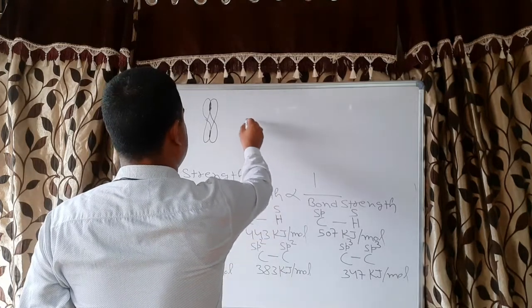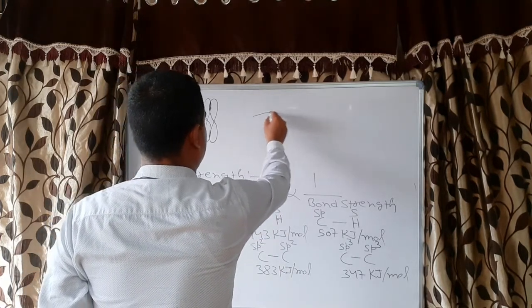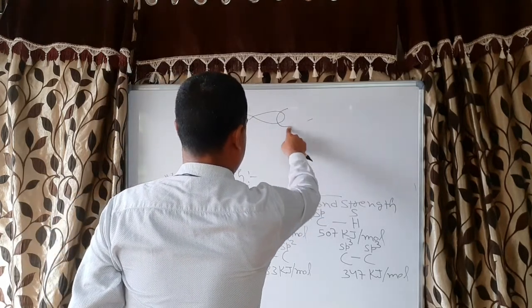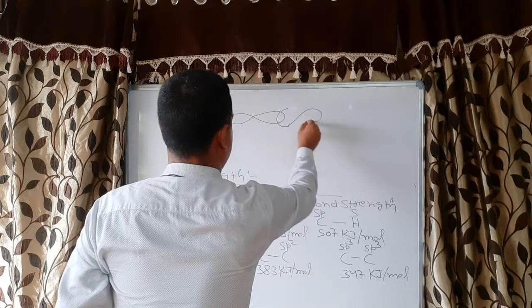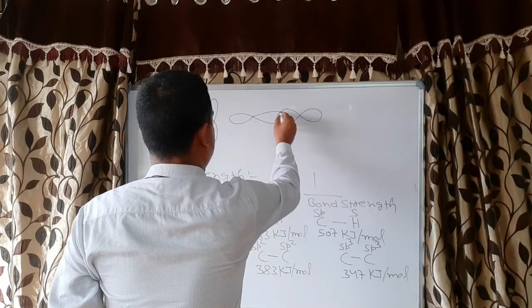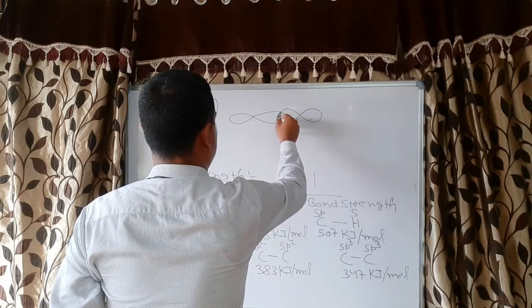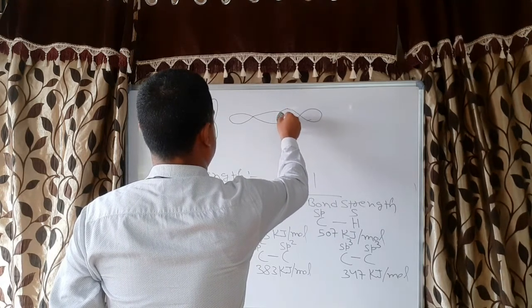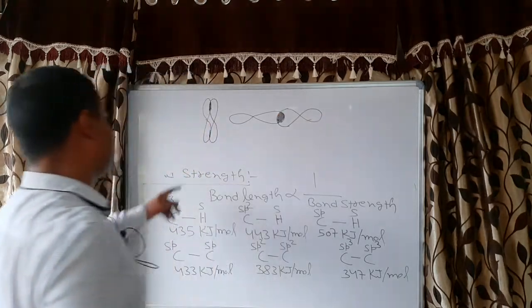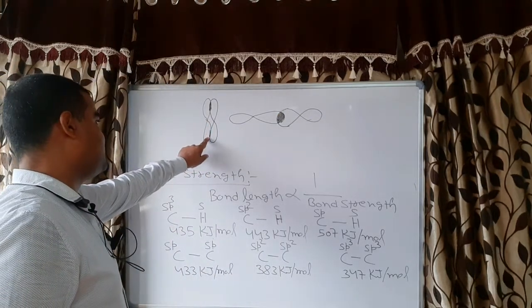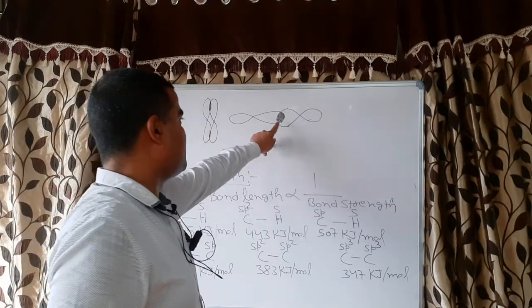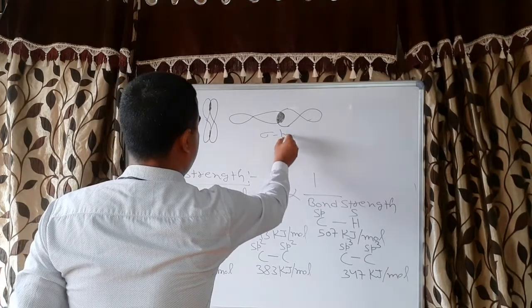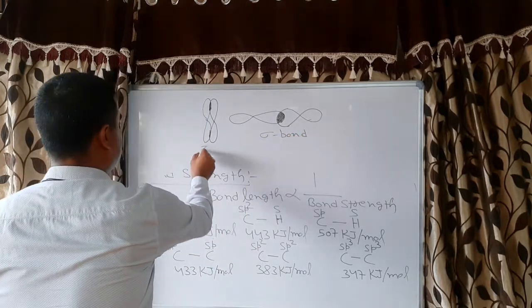In sigma bond there is endways overlapping. This is endways overlapping. So now you can see the extent of overlapping in sideways is smaller than in endways. This is sigma bond, this is pi bond.